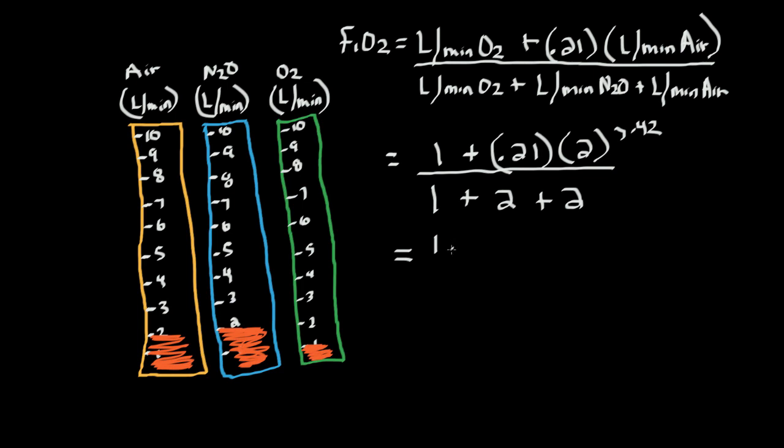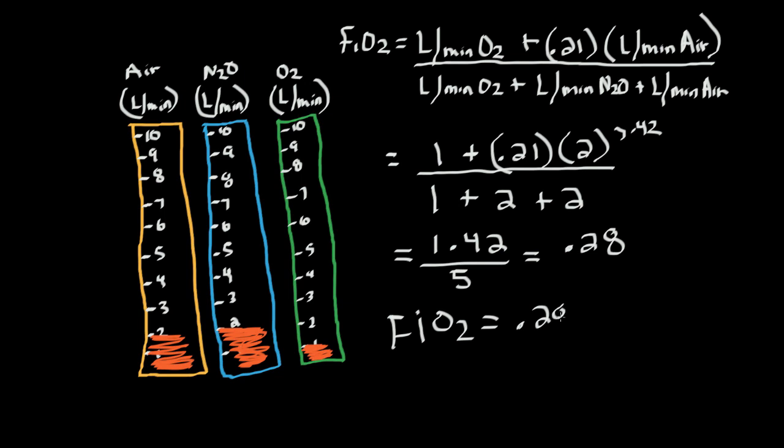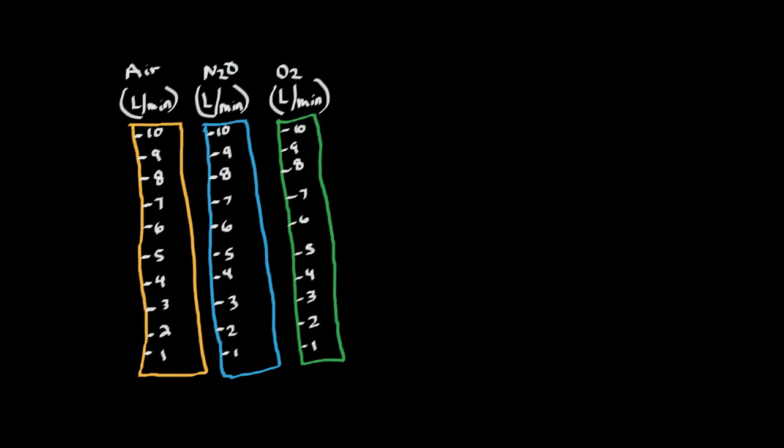So the numerator would be 1.42 divided by 5. And if you get your calculator, 1.42 divided by 5 is 0.28. So our FiO2 is 0.28 or 28%.